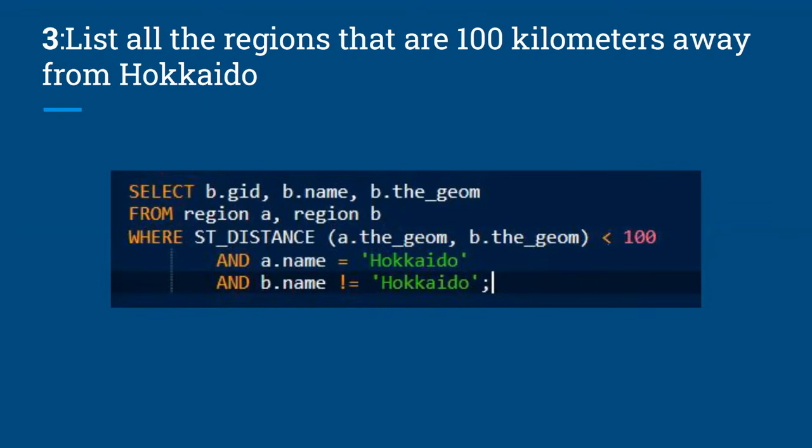You select the GID, the geometry ID, and the name and the geometry of B, where B is a row from the table region. On the other hand, you have region A, where region A corresponds to Hokkaido. We are looking for those regions whose distance is less than or equal to 100. And of course, we say b.name is not Hokkaido, so we are not comparing the same thing.